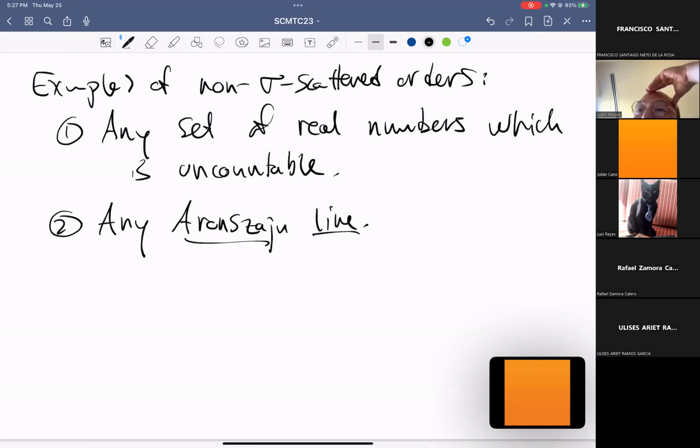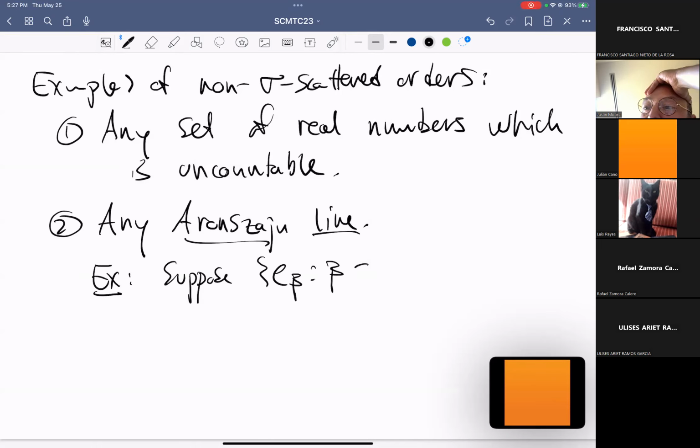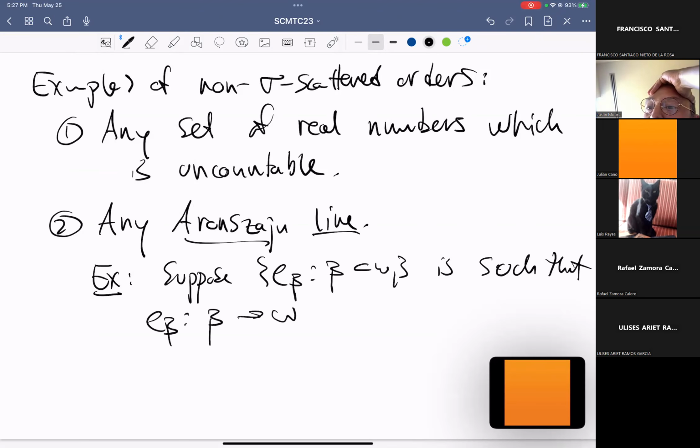In fact such orders exist. There's a natural example of such a thing, which I'll mention. Suppose you have e_beta for beta less than omega 1 such that, one, e_beta as a function from beta to omega is finite to 1.